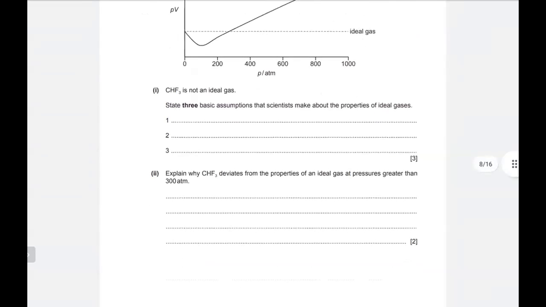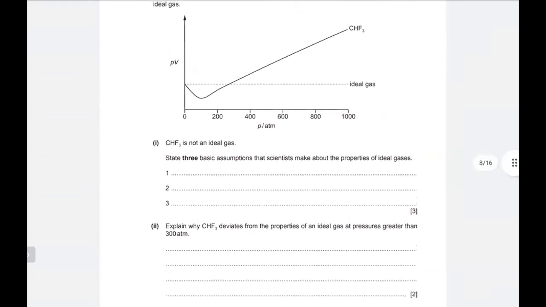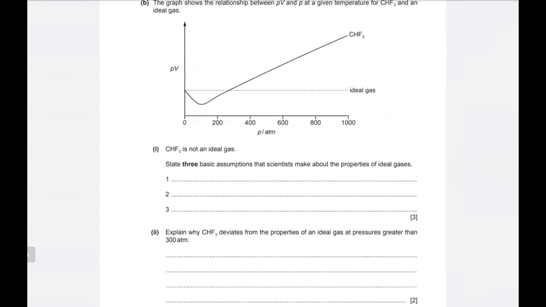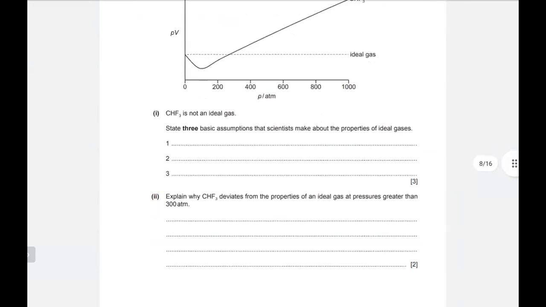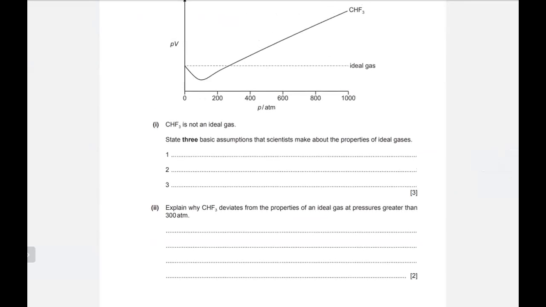Explain why CHF3 deviates from the properties of an ideal gas at pressures greater than 300. Actually, the higher the pressure, the nearer the gas particles.